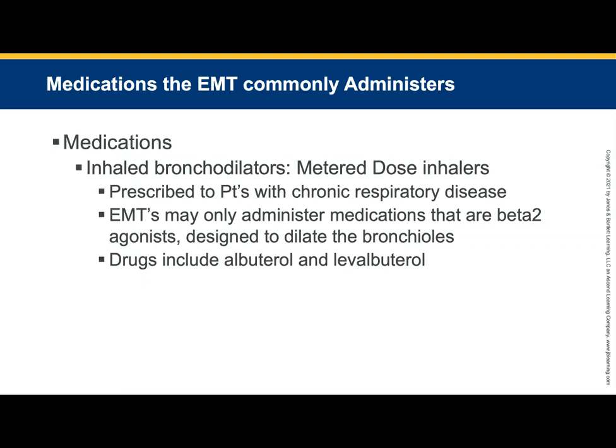Levalbuterol is used to prevent or relieve the wheezing. That's basically the same thing. So levalbuterol is a class of medication called beta agonist. It works specifically by opening the airway passages to the lungs, making it easier to breathe.